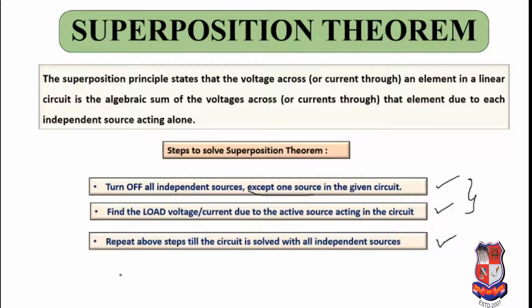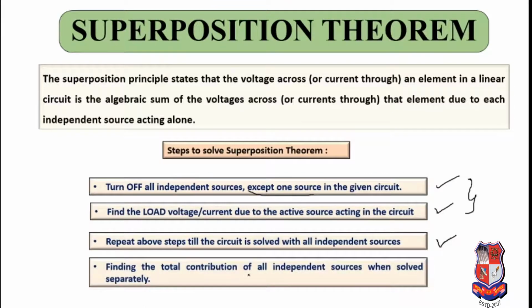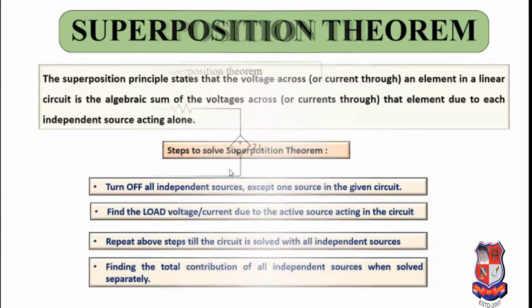After this you have to find the total contribution of all independent sources. So now you have found the voltage for both the cases, you just add them. That will give you the total contribution of the independent sources. So these are the steps for the superposition theorem.